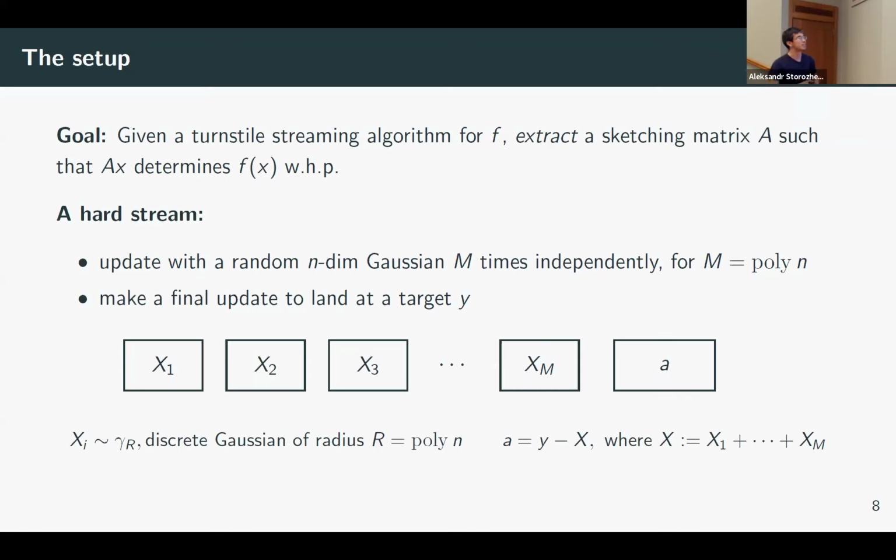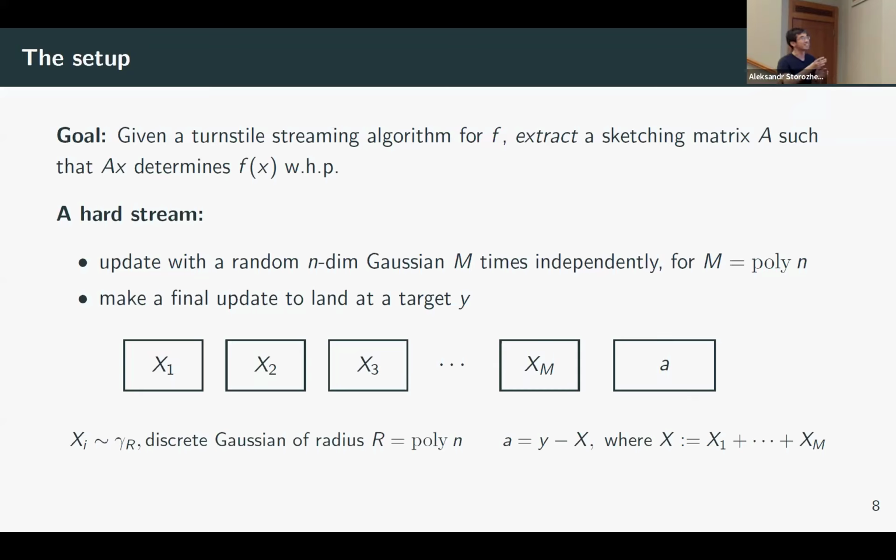R is a large polynomial. Each block here is not one update, but a block of updates that will increment the frequency vector by exactly this x1, x2, and so on. So x1 is a large random vector, x2 is another large random vector, and so on. We do this a total of m times independently, for a very large poly m.